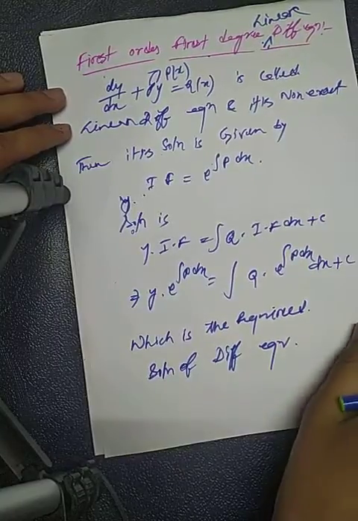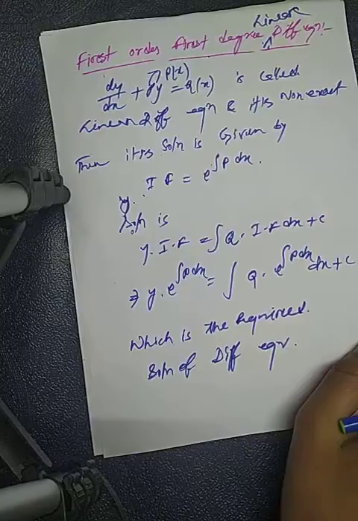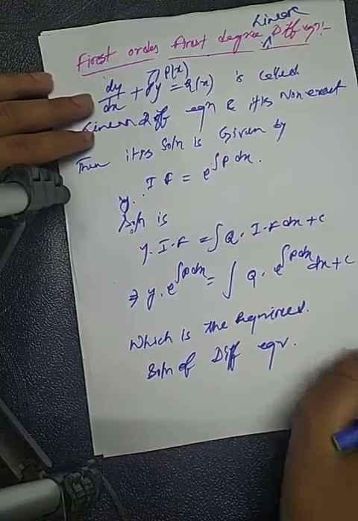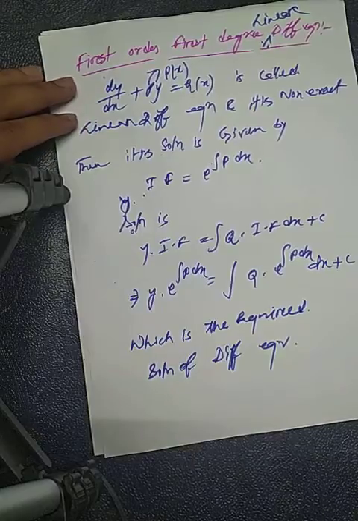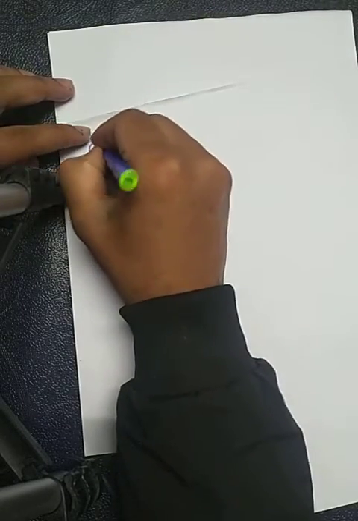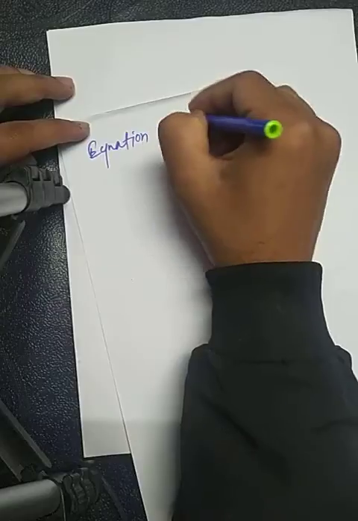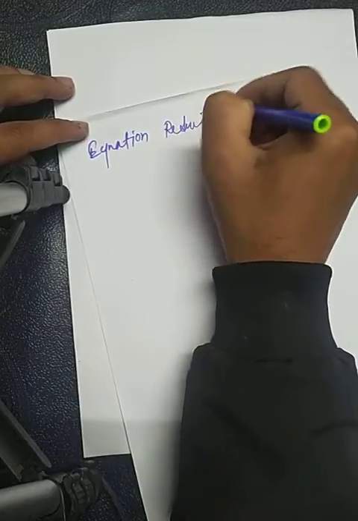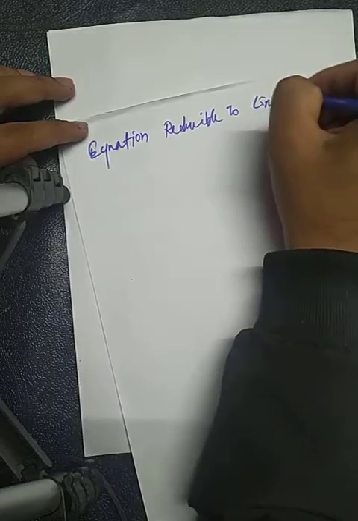There are certain equations which are not in the form of a linear differential equation but can be reduced to it. So in that case we say equations reducible to linear differential form.